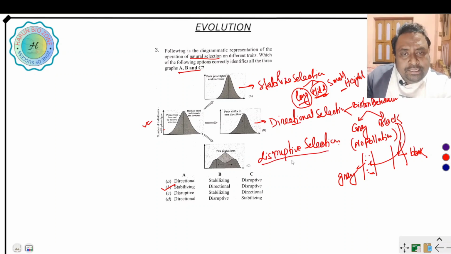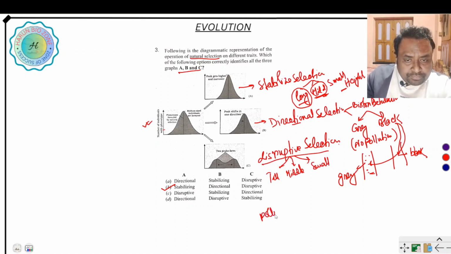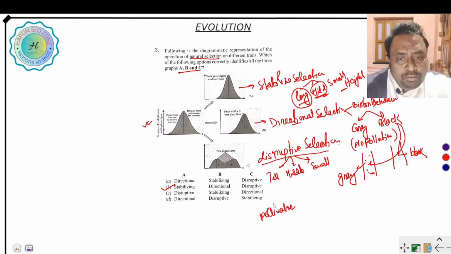Disruptive selection: in a forest, three height plants are present: tall, middle, and small. Some pollinators pollinate the tall, middle, and small plants.